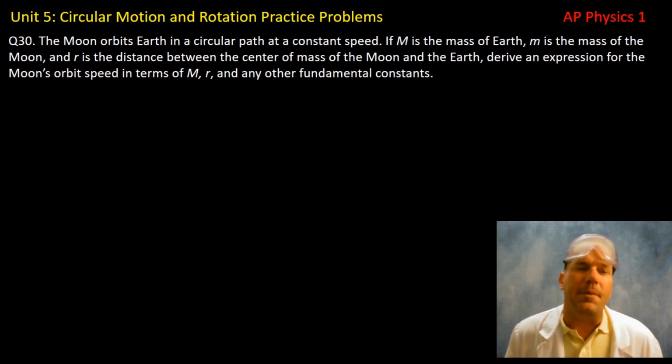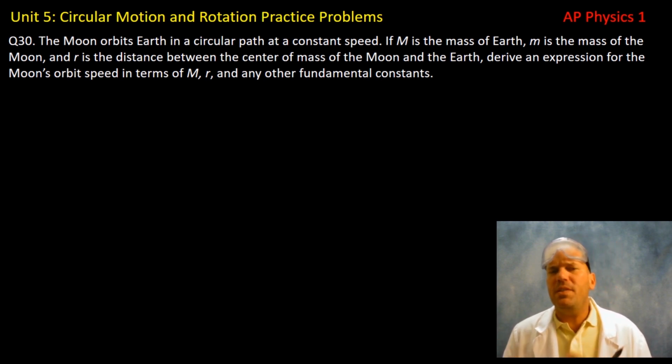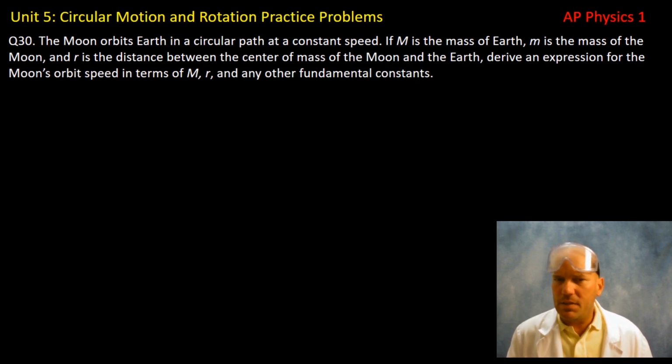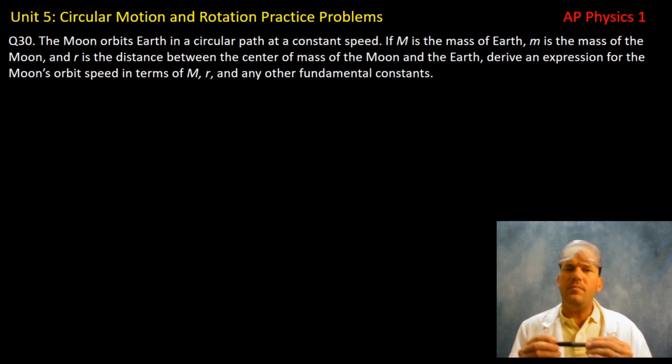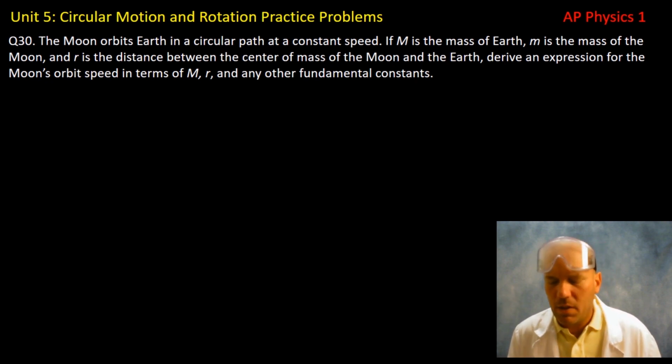In question 30, the moon orbits the Earth in a circular path at a constant speed. If capital M is the mass of the Earth, little m is the mass of the moon, and r is the distance between their centers of mass, derive an expression for the moon's orbital speed in terms of these quantities.